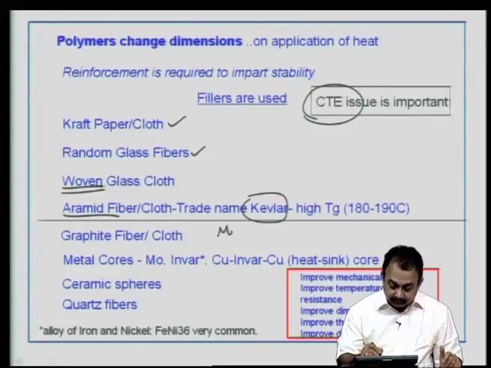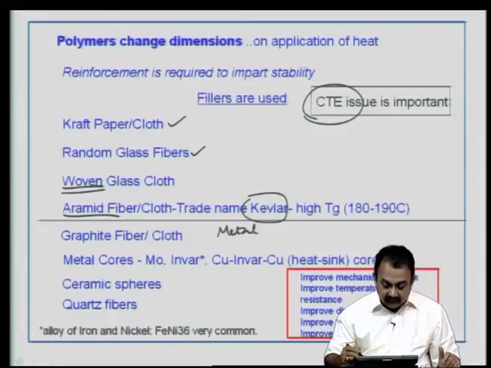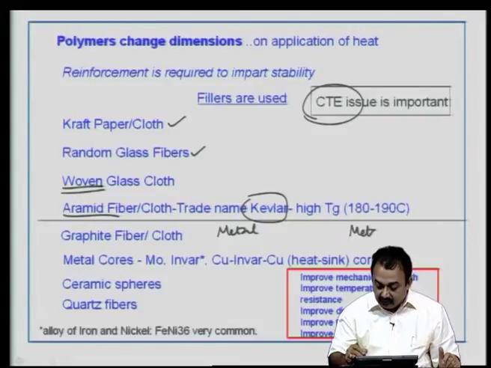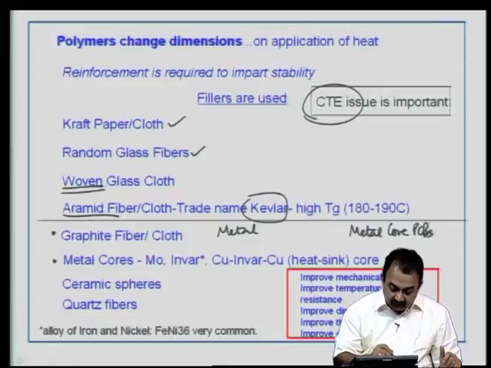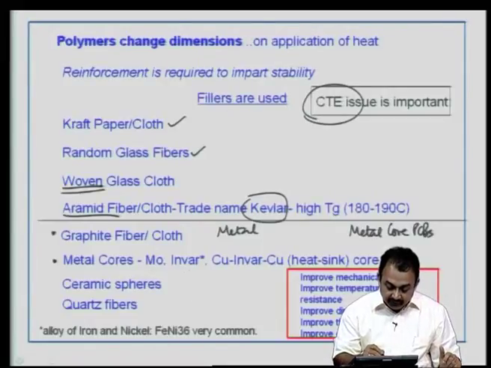This is a metal layer, graphite fiber and cloth. So, if you want to make metal core PCBs, you can use these kinds of fillers: graphite fiber, metal core structures using molybdenum, Invar.